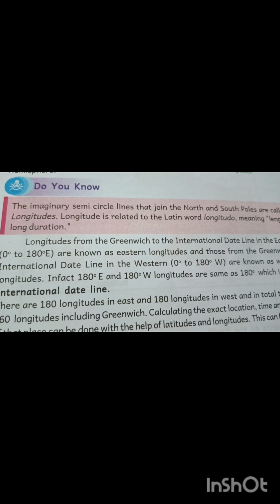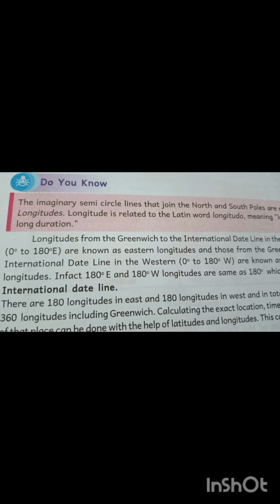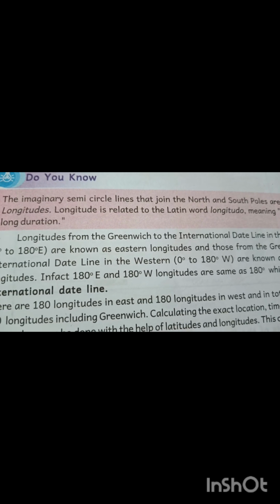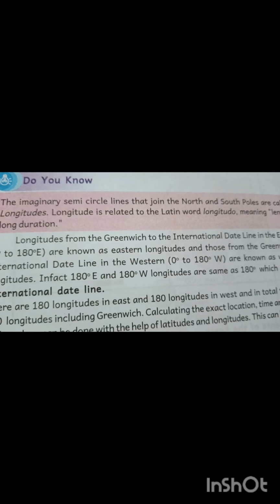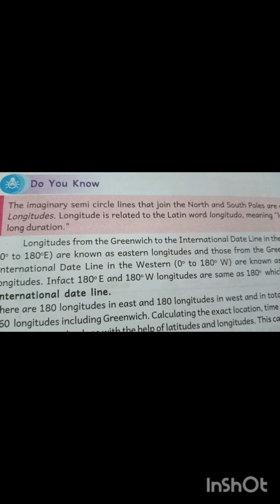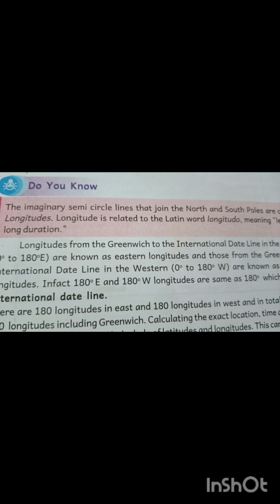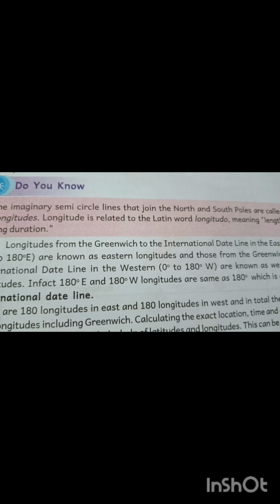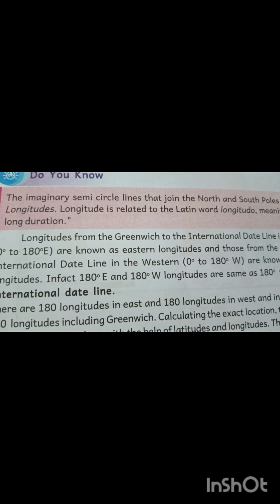Do you know the imaginary semicircle lines that join the north and south poles are called longitudes? Longitude is related to the Latin word longitudo, meaning length or long duration.